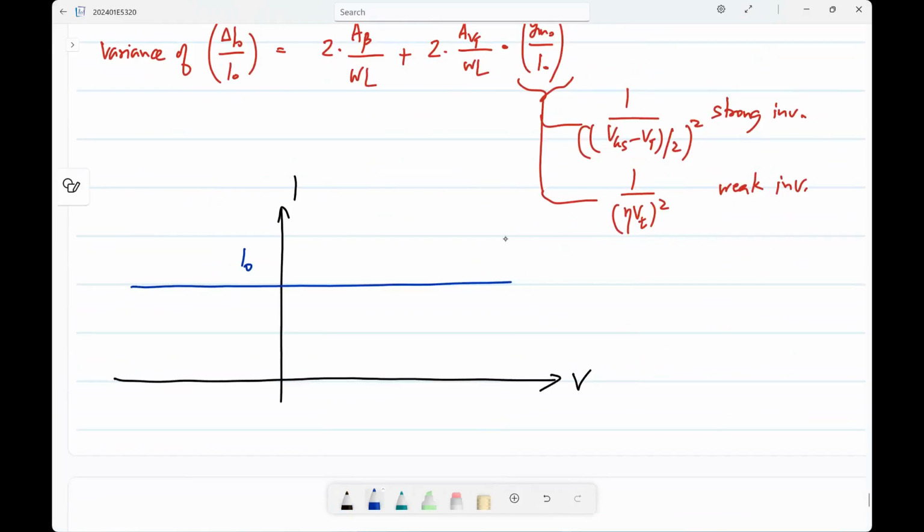For a MOS transistor current source, what will it be? If this V is the output voltage, if this is VDS, what is it going to be? So it will be constant current down to some value. What value is that? VGS minus VT, and after that it doesn't behave like a current source. In fact, every real current source will have some limited voltage range. That's called the compliance of the current source.